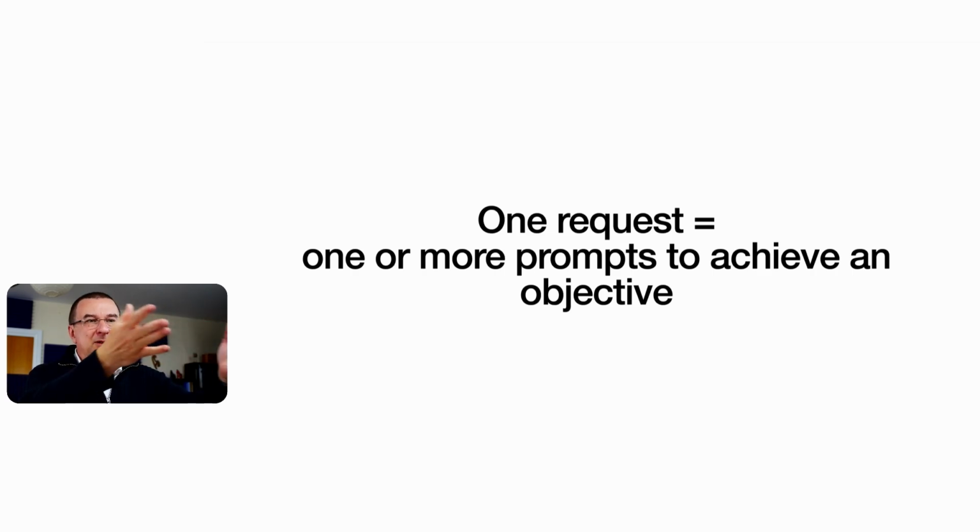So for example, if I want to find out what the Axios breach was, that would be one request. Or if I want to develop a new feature into the software and I define it, that's another request. So that's what we want to achieve. That's what we as users care about.